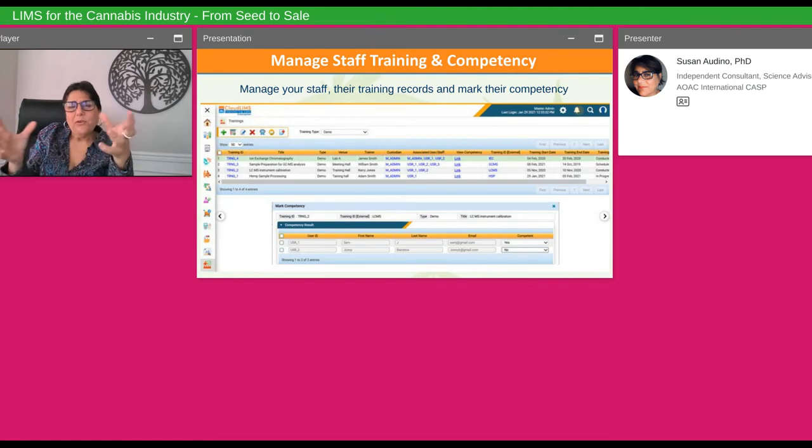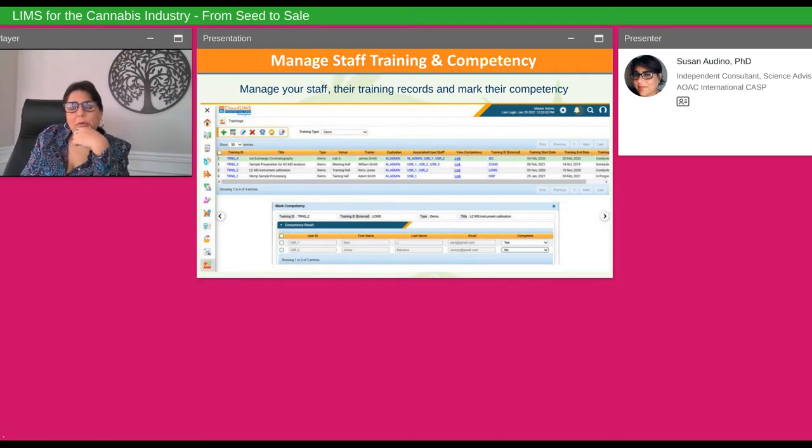So what may have started with 5 or 6 analysts or chemists now may have 40 or 50 chemists, 2 years out. So staff training always becomes a challenge. It could be a very big problem for many laboratories, not just in initial training, but also in that monitoring.